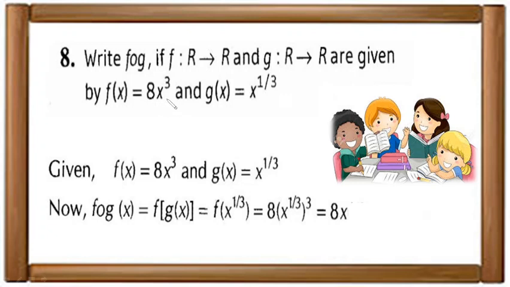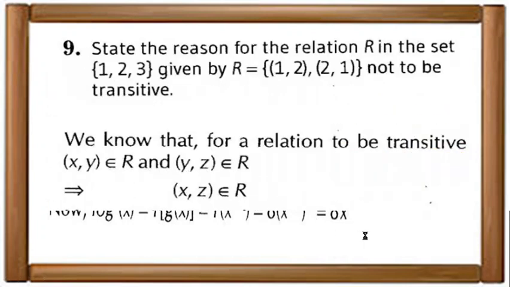That is 8x power 3. So 8 times, what is x here? x raised to the power 1 by 3, and this thing to the power 3 because it is 8x cube. So x raised to the power 1 by 3, the whole raised to the power 3, this will cancel and the answer is 8x.